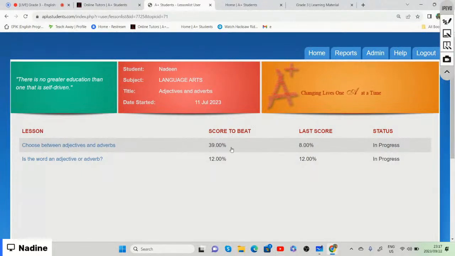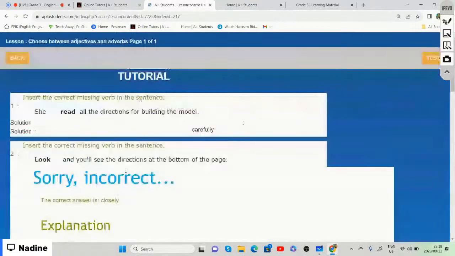Once we are at the chapter, we're going to click on the first lesson that says choose between adjectives and adverbs.